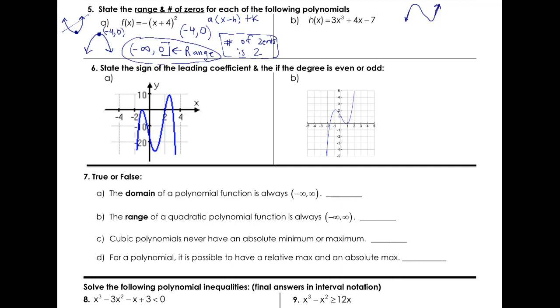Guys, we can get the range from that because this is going down forever and it's going up forever, which means range is -infinity to +infinity, or all reals. And then the number of zeros is our highest exponent, which is 3. So number of zeros is 3. There's our two answers.